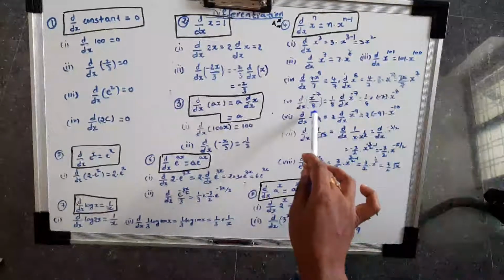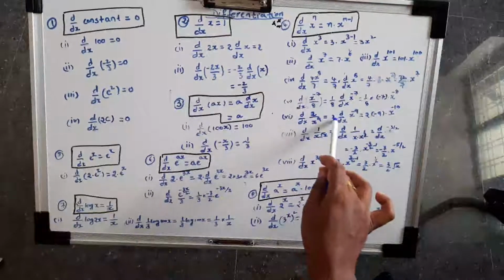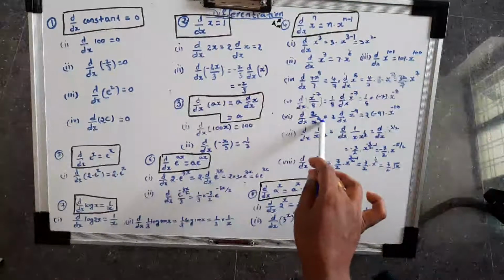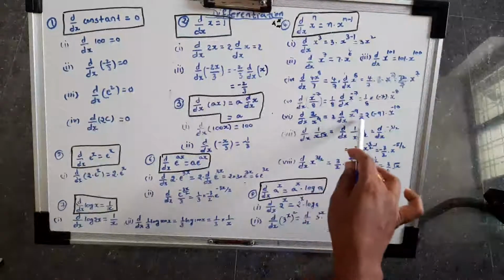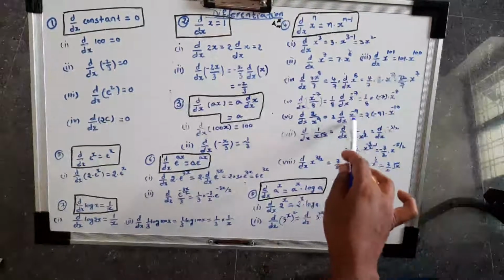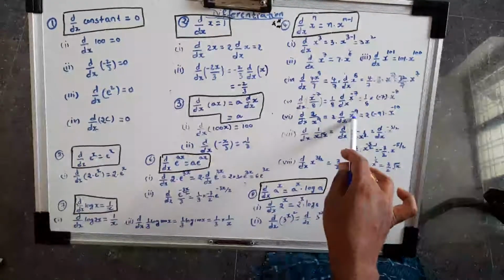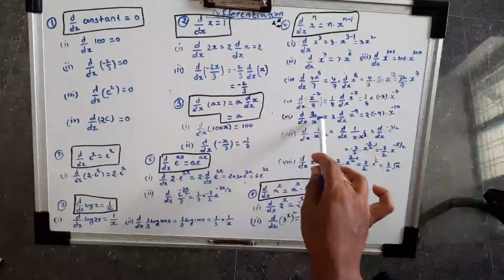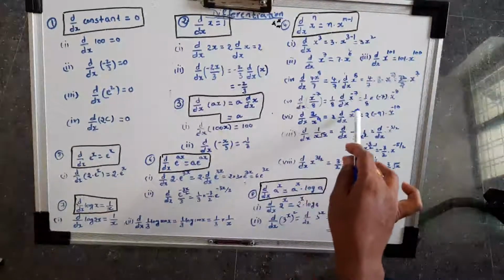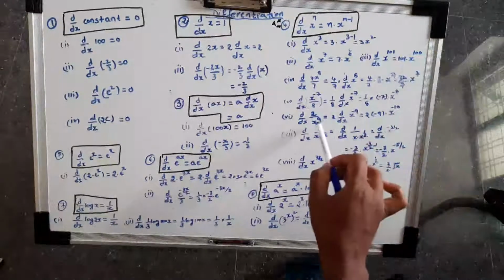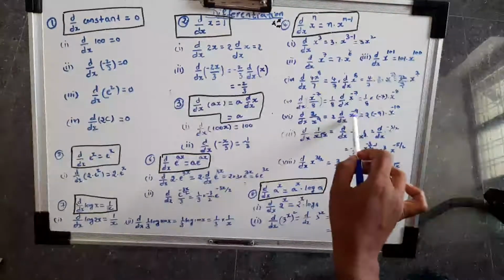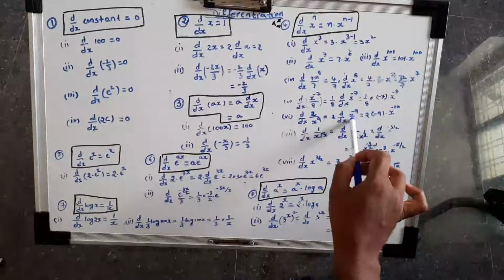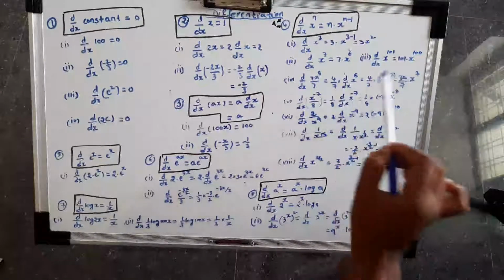First you write the constant outside, then shift x power 9 to the numerator. When we shift from the denominator to the numerator, the sign of the power changes. If it is positive it becomes negative, so x power 9 becomes x power negative 9.